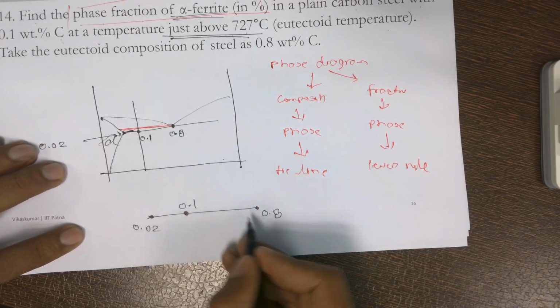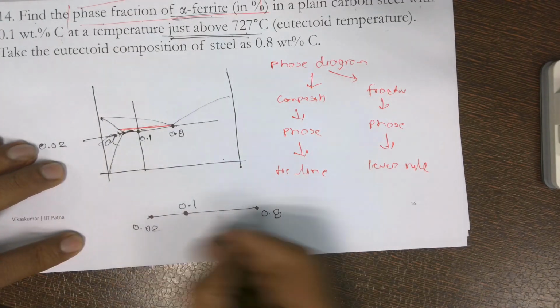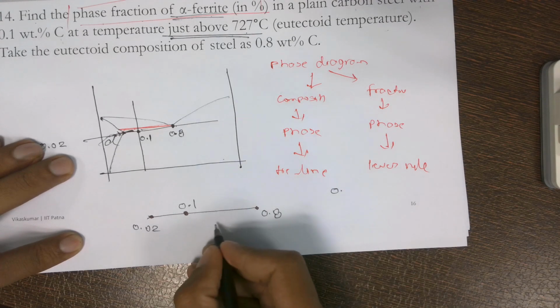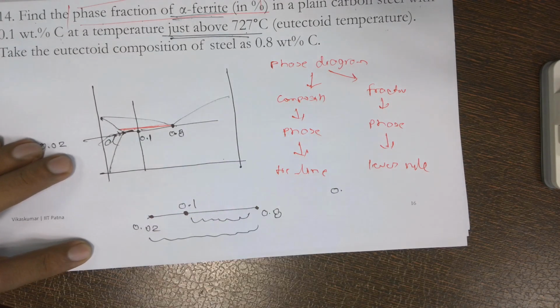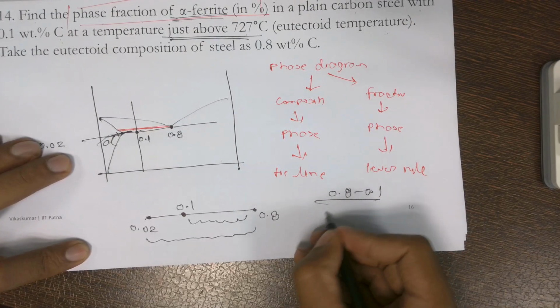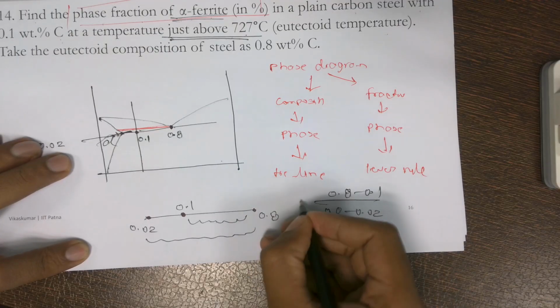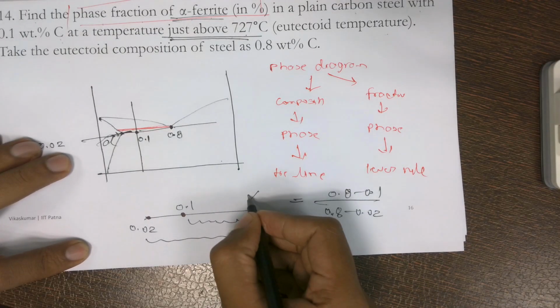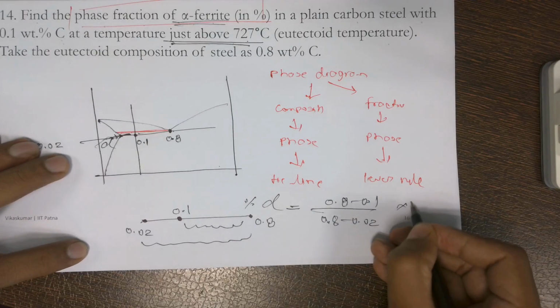So we go to the opposite arm. Ferrite is this side, so we go to the opposite arm: 0.8 minus 0.1 divided by 0.8 minus 0.02. This is the fraction of alpha phase. If you multiply it by 100, you will get it in percentage.